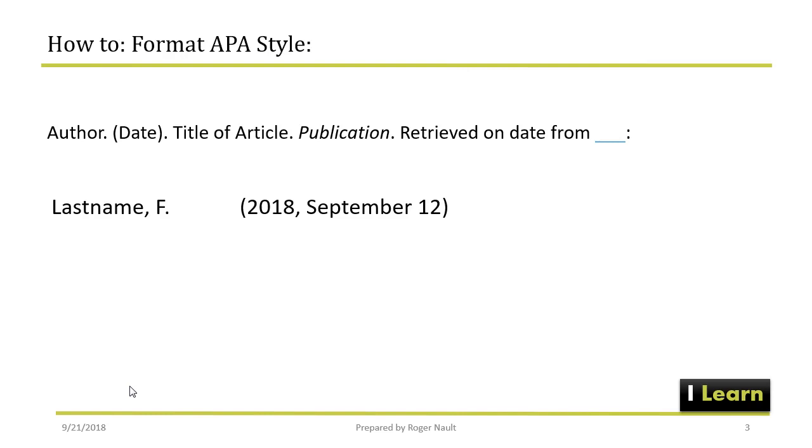And this is the way APA wants us to format today's date. Now, it may appear funny to you, but this is the way they want it. They want to see the year first, comma, then the month spelled out in full, and then the numeric date of the day. And then we're going to want to close the bracket. And then later we'll put a period at the end. Now I'm going to show you this by way of example, as well as some other specifics in just a second.